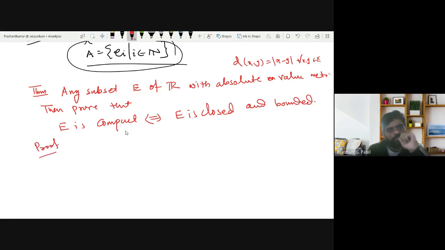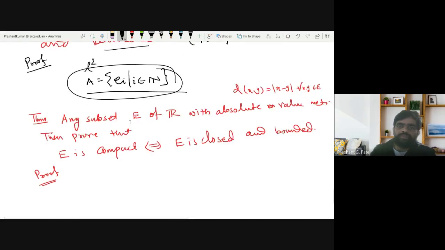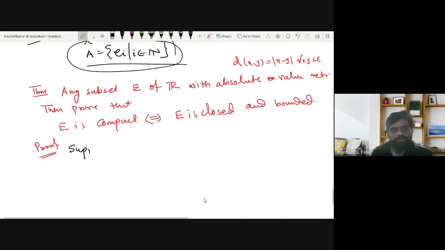For the proof, we already discussed that if E is compact, then it is closed plus bounded. It is true for any space. But let us try to give the proof for that also. Suppose that E is compact.